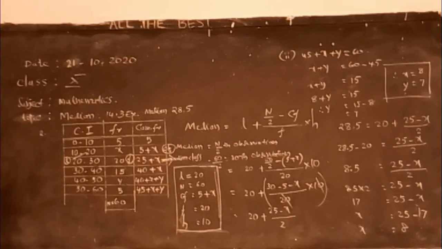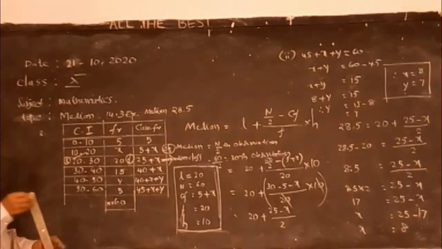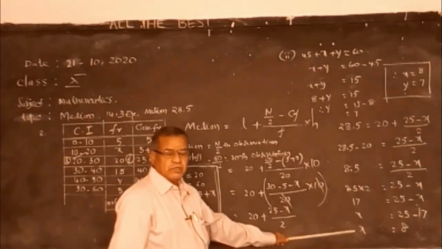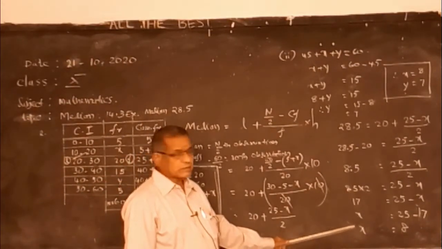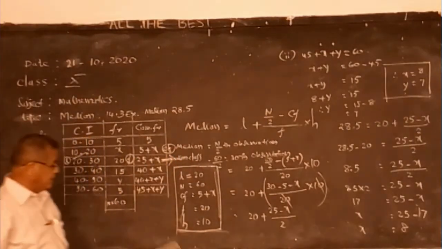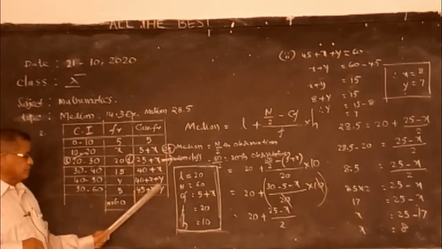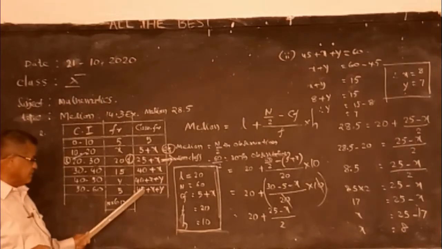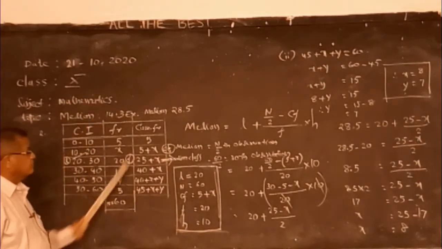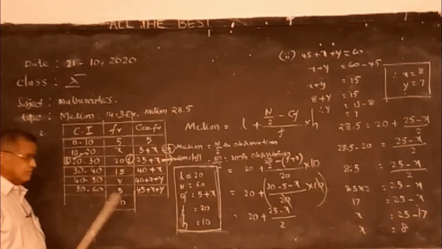First of all, we find x. From the median formula, we are getting the x value. After getting the x value, substitute in the second equation. What is the second? 45 plus x plus y. The total frequency is given as 60. These two are given: the median value and the total frequency.